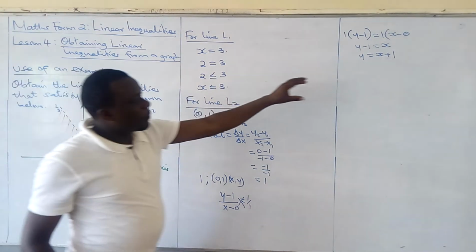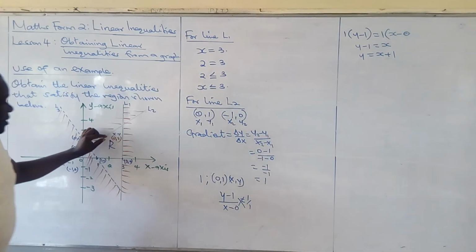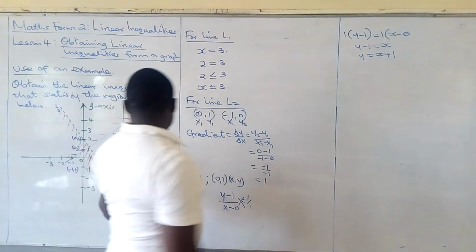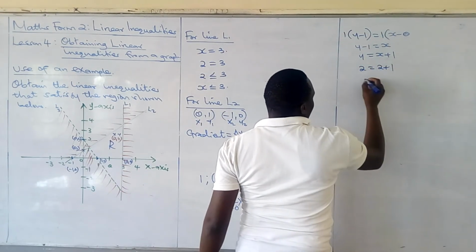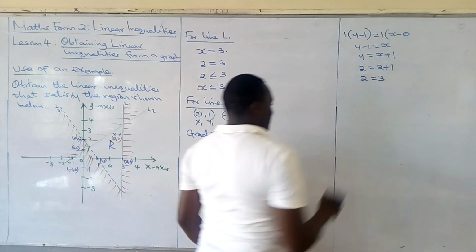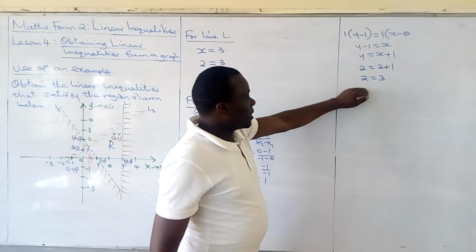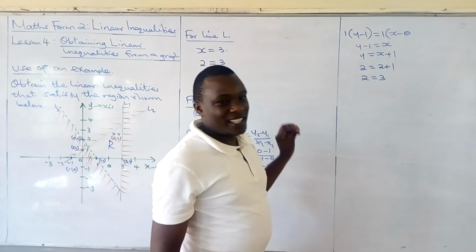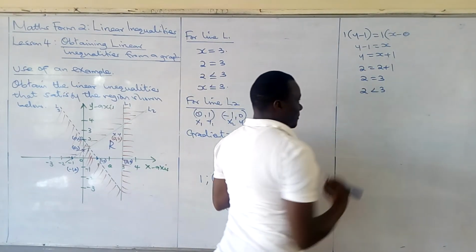So for us to come up with the required symbol, we will use our reference point, which is 2, 2. 2, 2 means y is 2 and x is 2, then we add 1. 2 is equal to 3. So which symbol can be true if we put it there instead of the equal sign? We can comfortably say that 2 is less than 3.